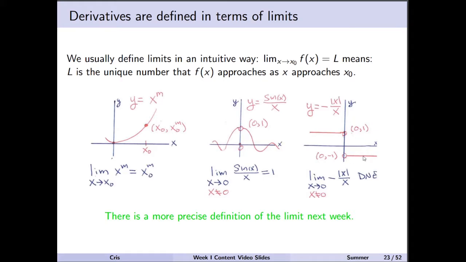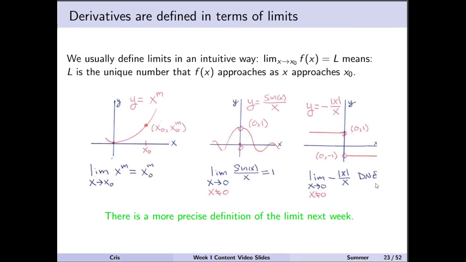We always have a minus number, a minus 1 here on the right. So as x gets closer to 0, sometimes the y value is 1, sometimes the y value is minus 1. Now the limit L has to be unique, so there is no single number here that the function is getting closer to. Therefore this limit does not exist. And we just write DNE for does not exist.